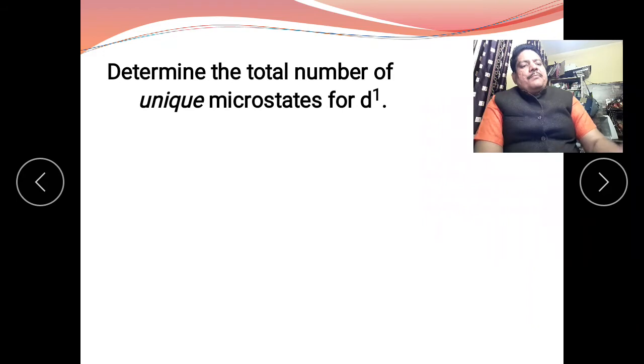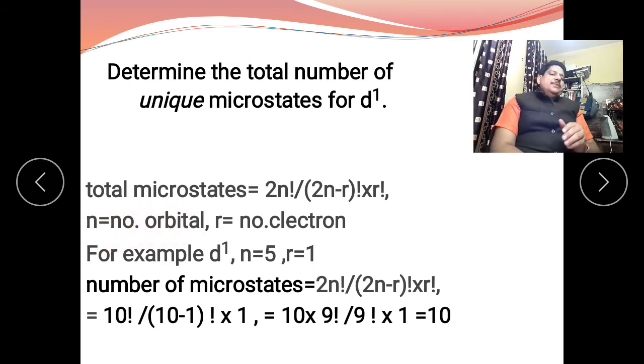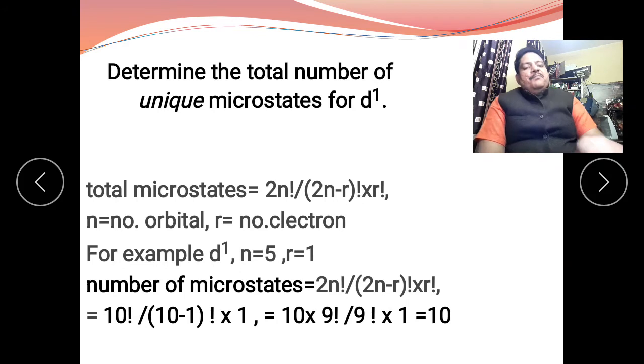The total number of microstates is given by factorial of 2n divided by factorial of 2n minus r into factorial of r, where the number of electrons is r and the number of orbitals is n. Therefore, in the d1 configuration, the total number of microstates may be calculated as 10.